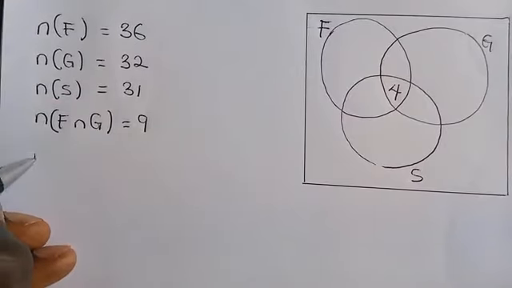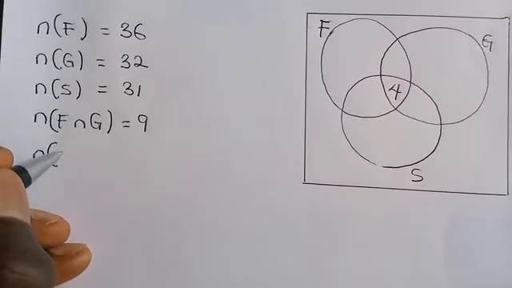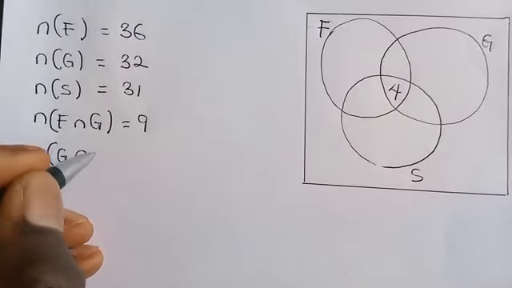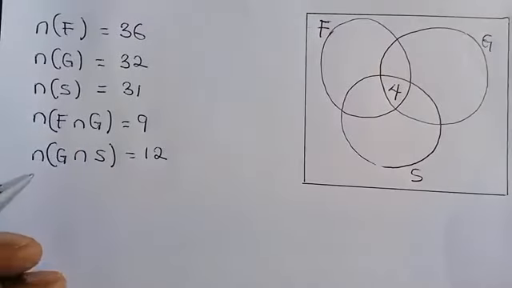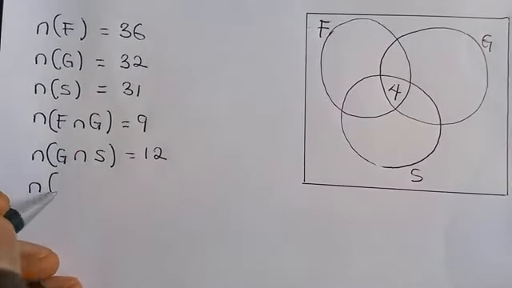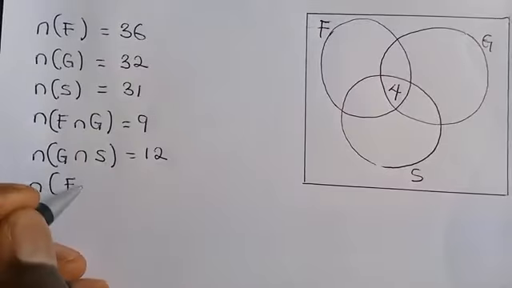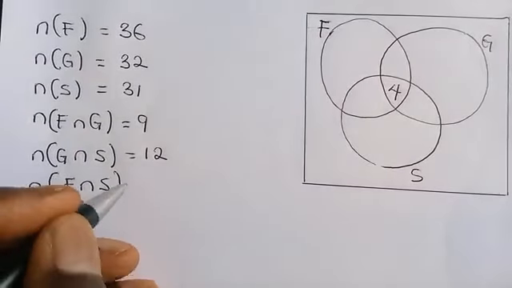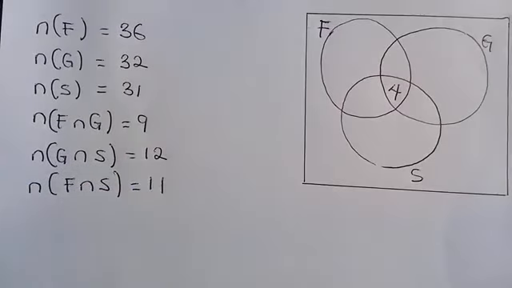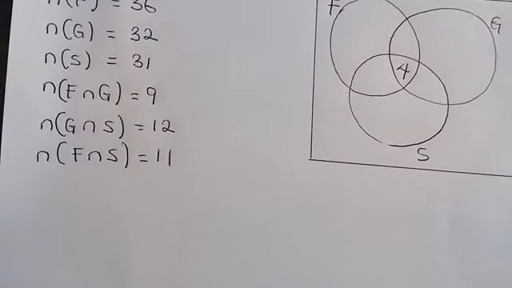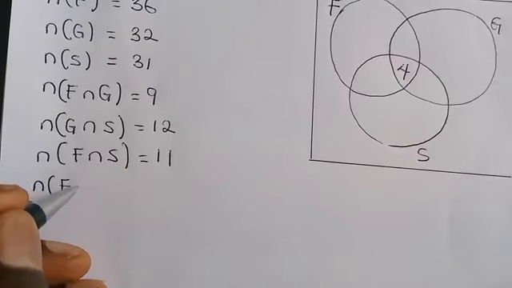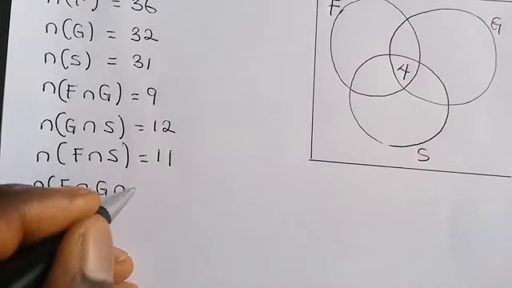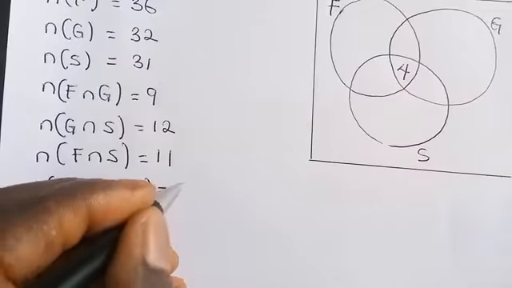Also, the number of boys that offered German and Spanish is equal to 12, while the number of those that offered French and Spanish, we have 11. From the question also, the number of boys that offered all the 3 languages, that is F intersection G intersection S, is equal to 4.